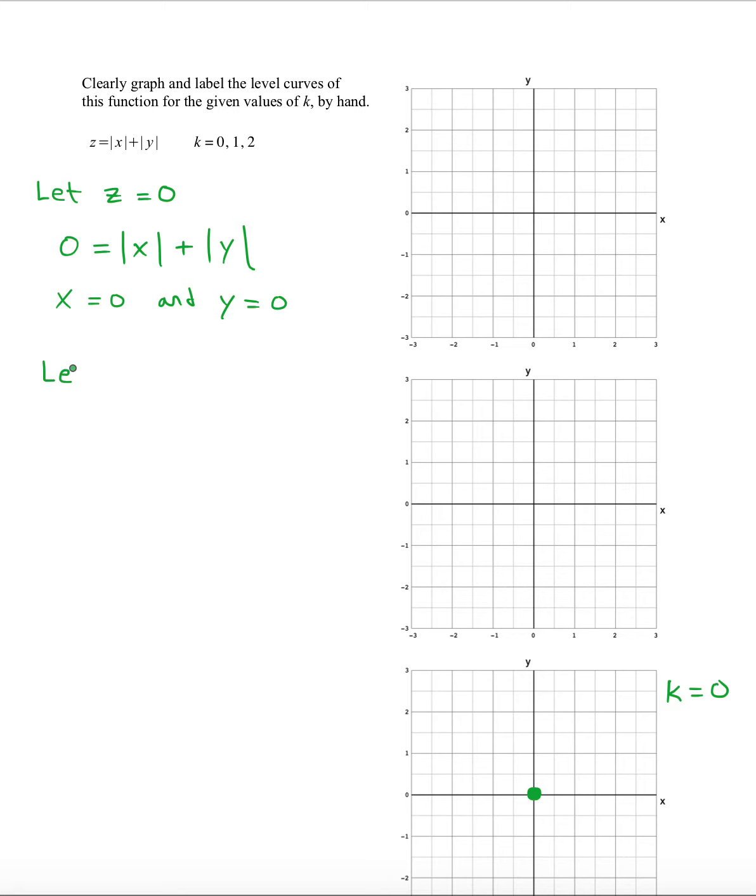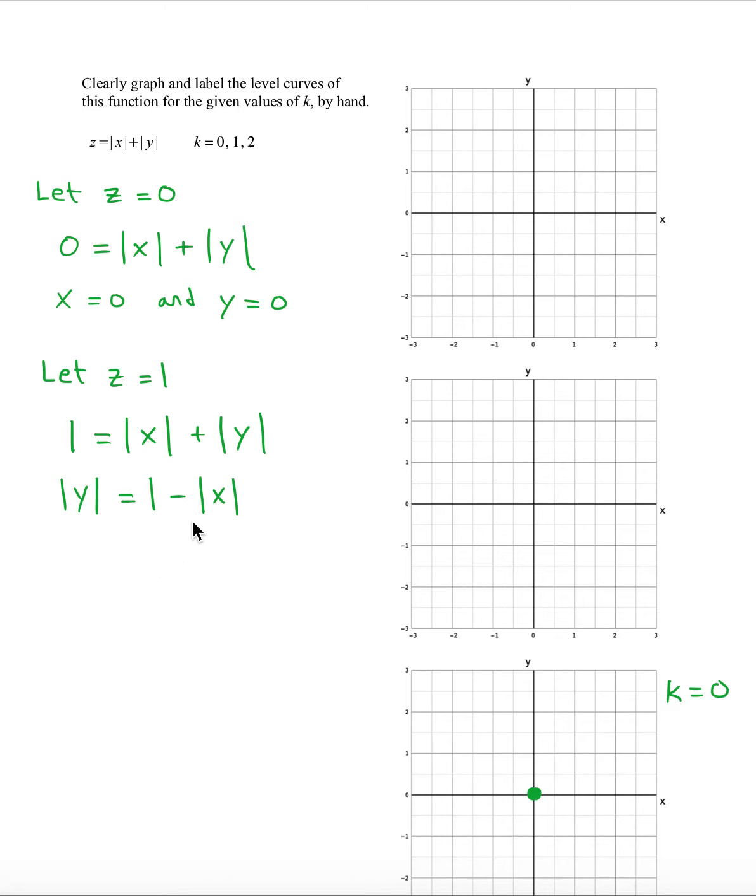Now let's let z equal 1. 1 equals absolute value of x plus absolute value of y. I'll try to solve it. And absolute value equations can be a little tricky to solve here.